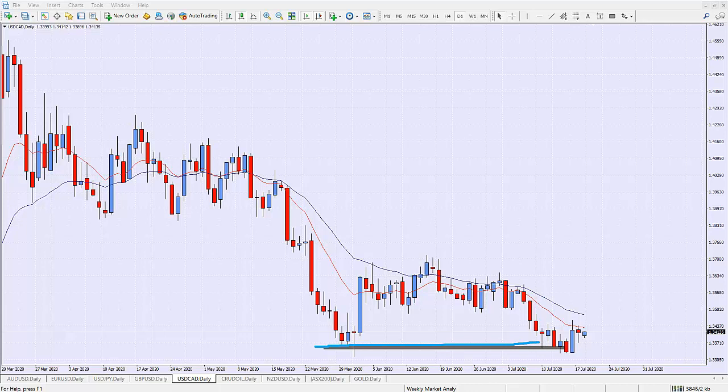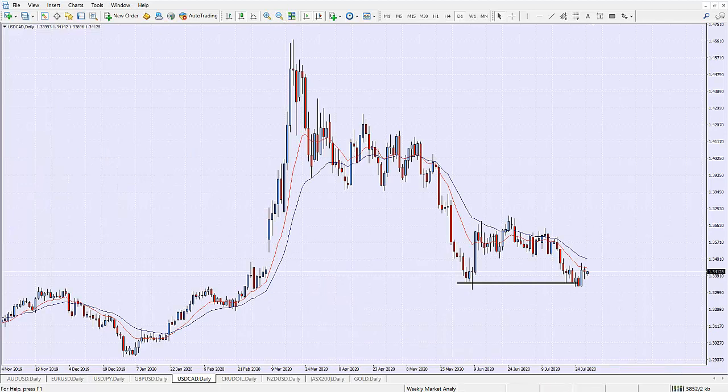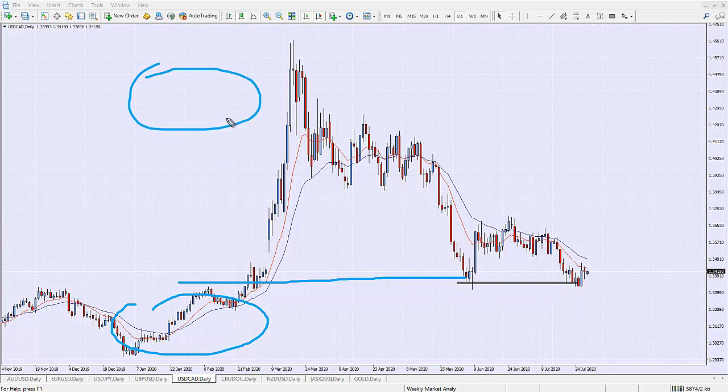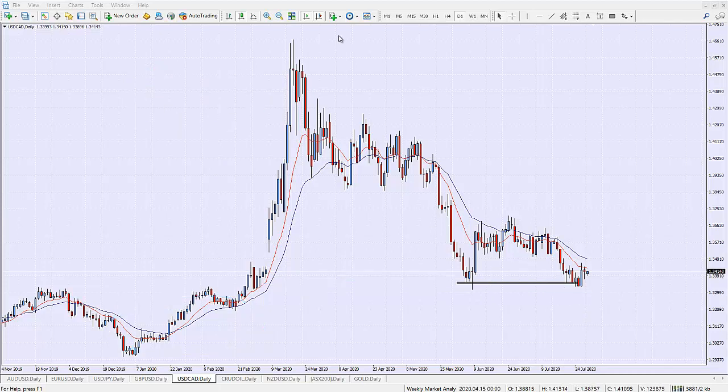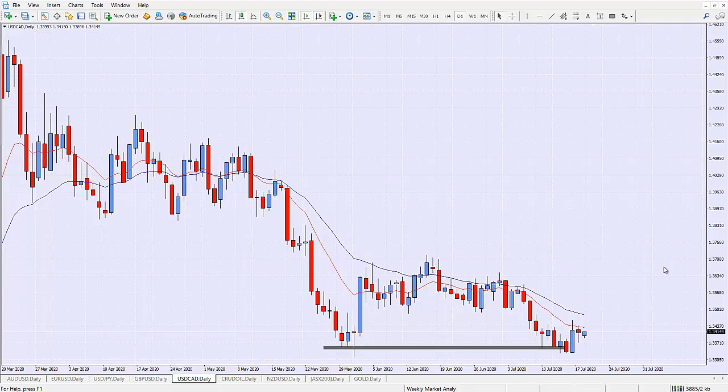Let me just zoom out a little bit so I can see this chart properly. It's not a true double bottom because all this activity is actually below this level here. If all this activity was up there, then that would be a true double bottom. But in any case, it does look like it produced an inside candle pattern.